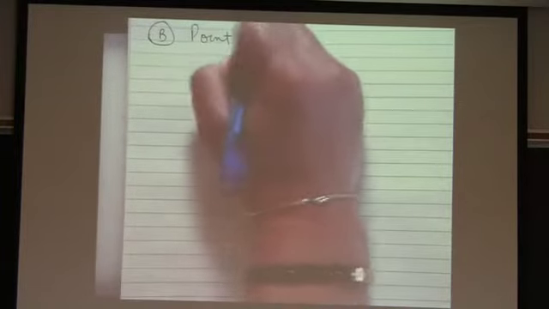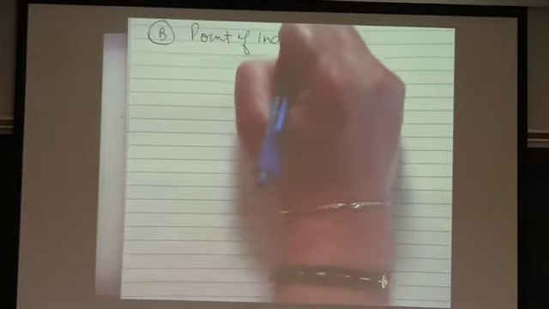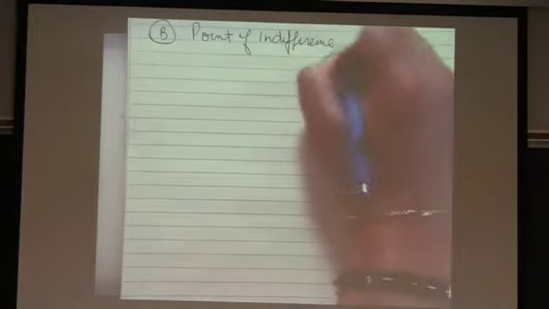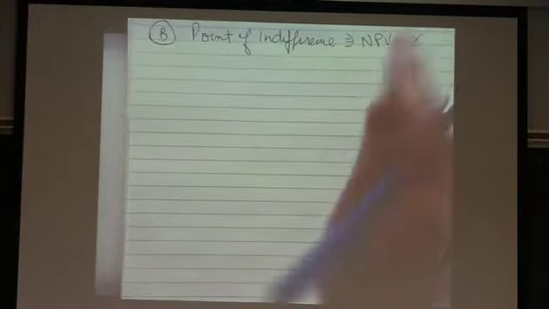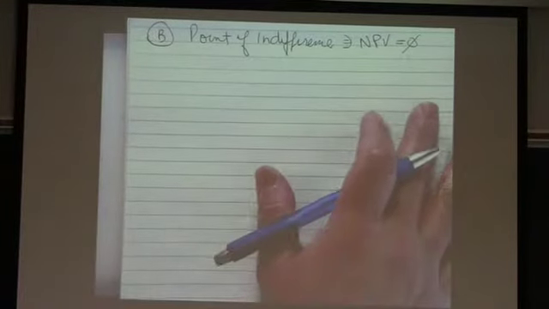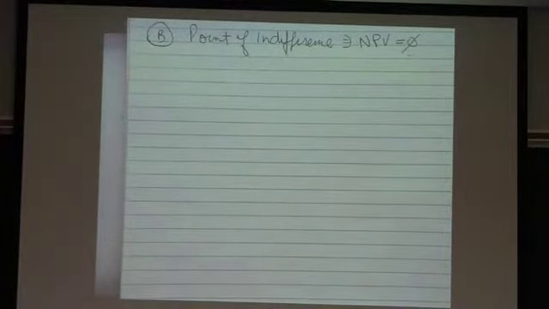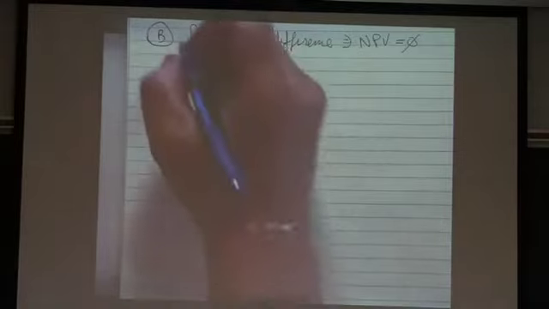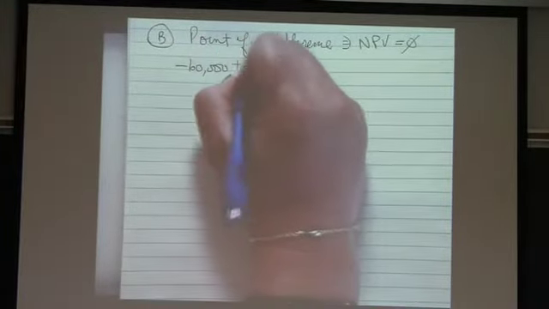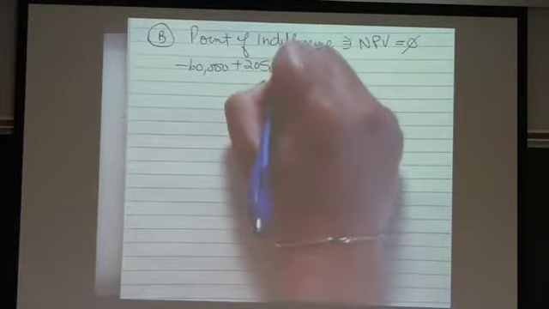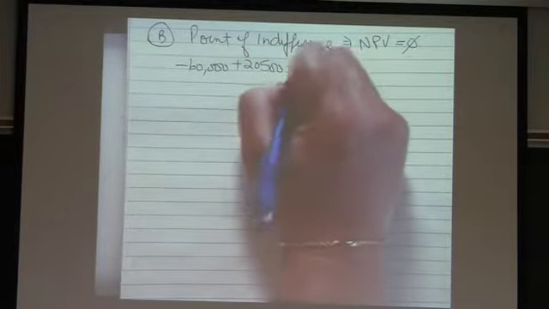So point of indifference is when NPV equals 0. So how do we do that? Well, we know that the cash outflow is minus 60 plus the salvage value minus the 5, right?